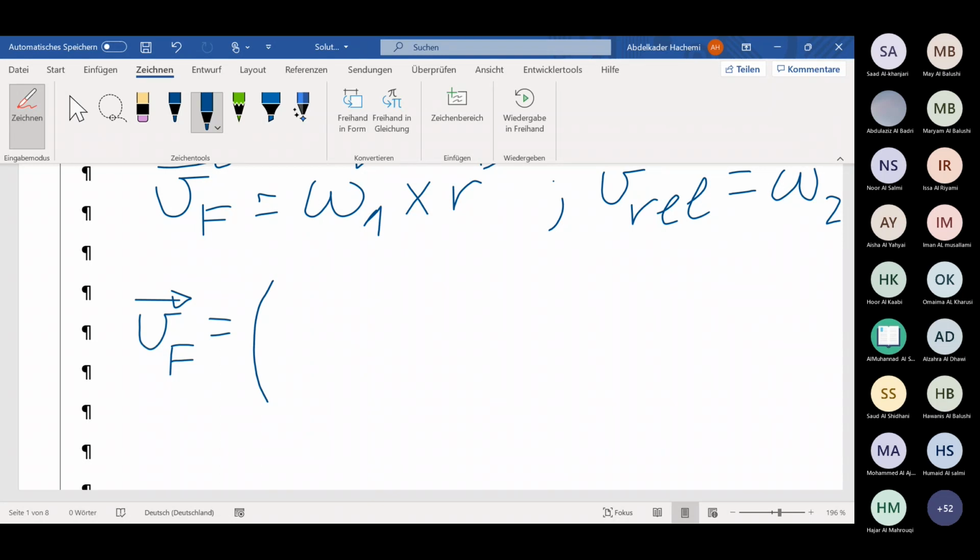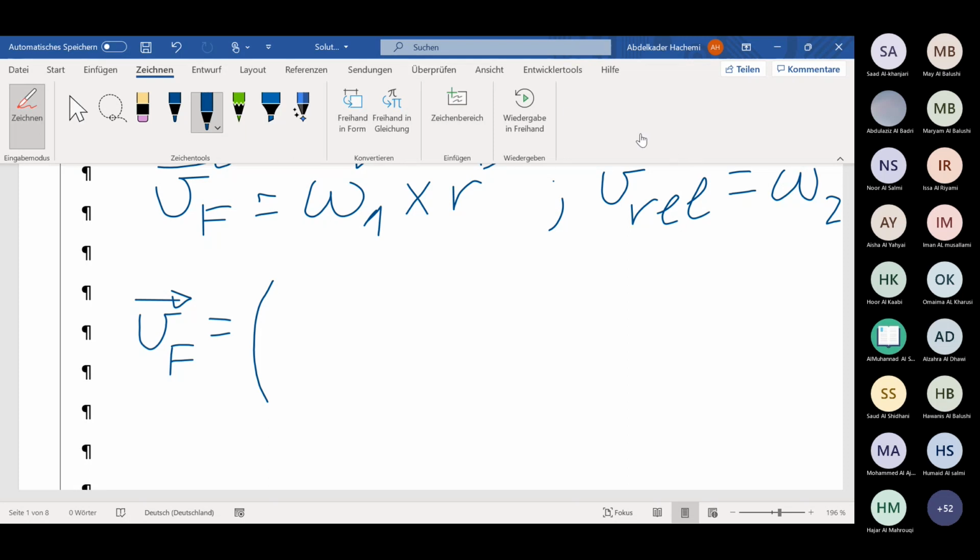Omega 1 is rotating in the positive y direction.